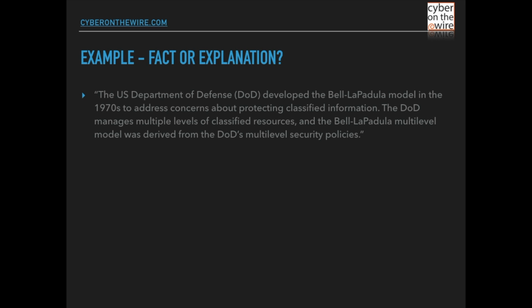So, first part, fact or explanation. In this paragraph, the US Department of Defense developed the Bell-LaPadula model in the 1970s to address concerns about protecting classified information. The DoD manages multiple levels of classified resources, and the Bell-LaPadula multi-level model was derived from the DoD's multi-level security policies.